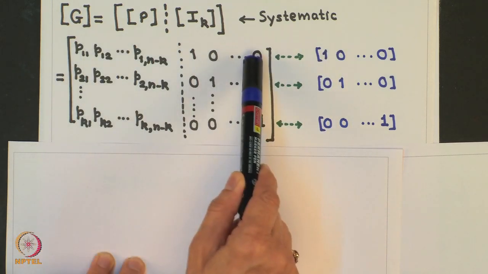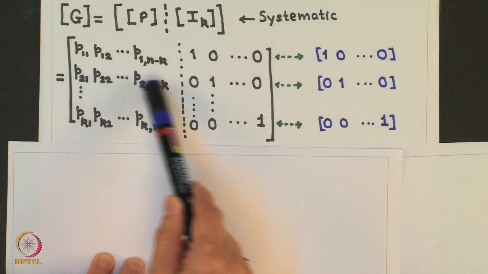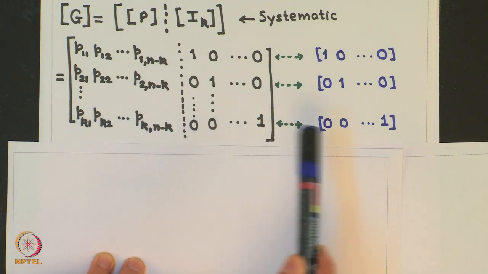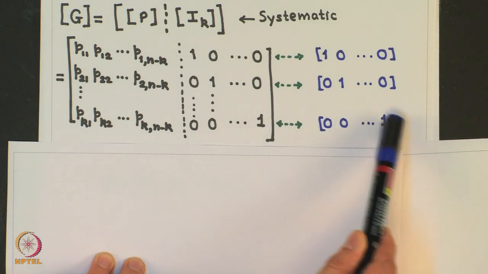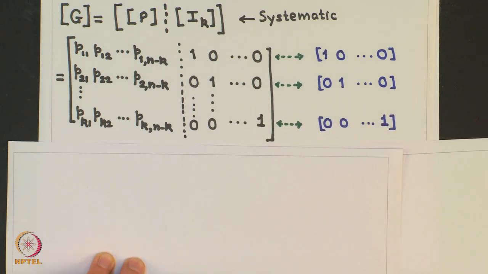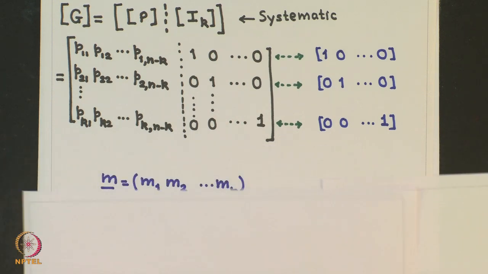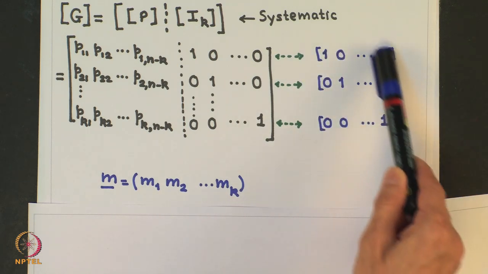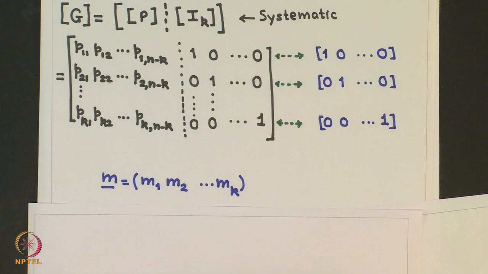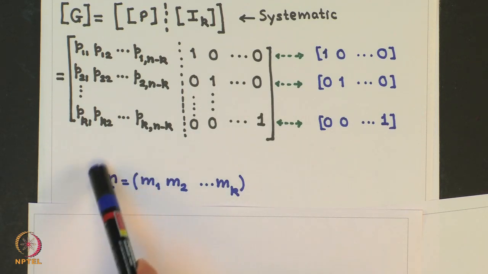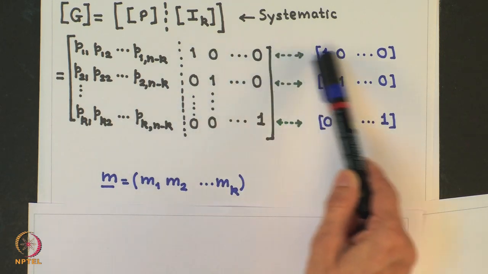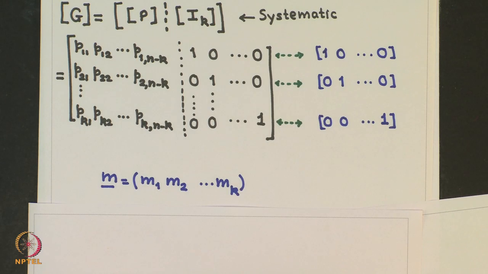So, this row is a code word for this message vector, this row is a code word for this message vector, and similarly the last row is a code word for this unit message vector. Now, any message signal which is k tuple can be represented in terms of this unit message vectors. So, the code word for this message vector is the linear combinations of this code words for the unit message vectors.